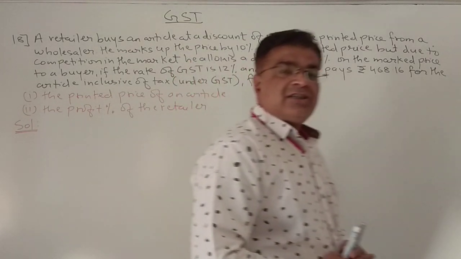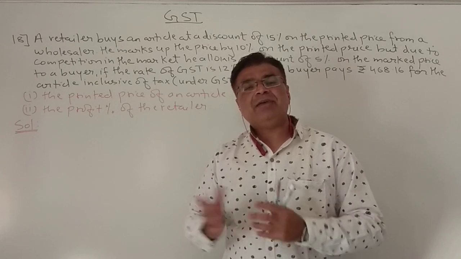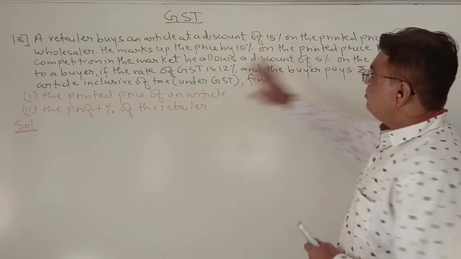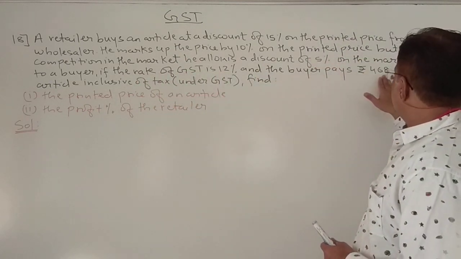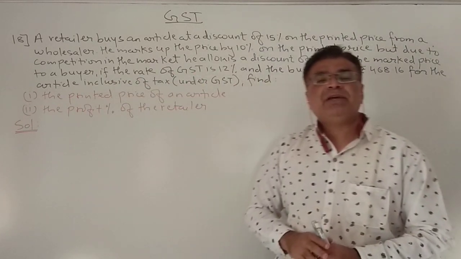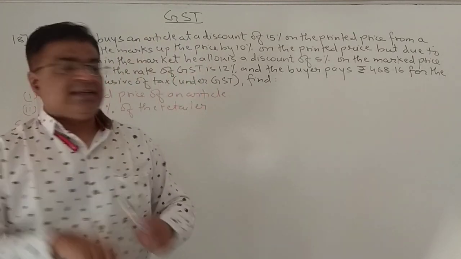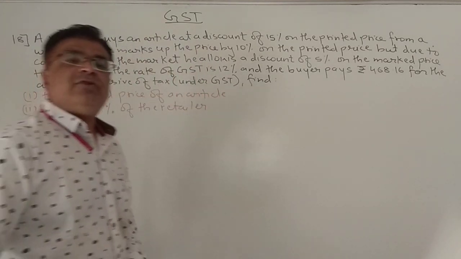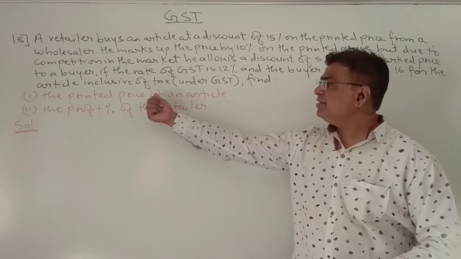But due to competition, he is not able to sell at the marked up price, so he allows a 5% discount on that. To a buyer, if the rate of GST is 12% and the buyer pays rupees 468.16 for the article, and in this tax is included. So from this we have to find two things: the retailer's profit percentage and the printed price of the article.